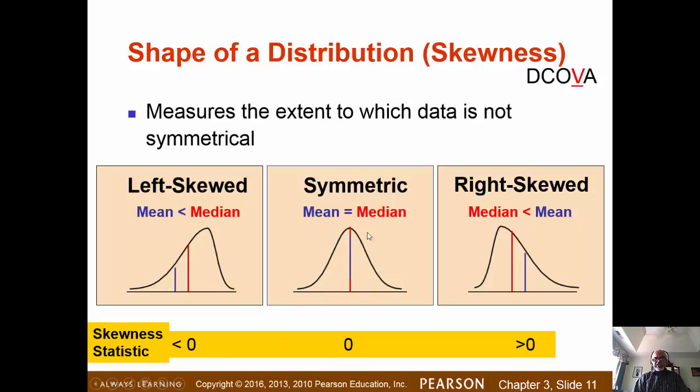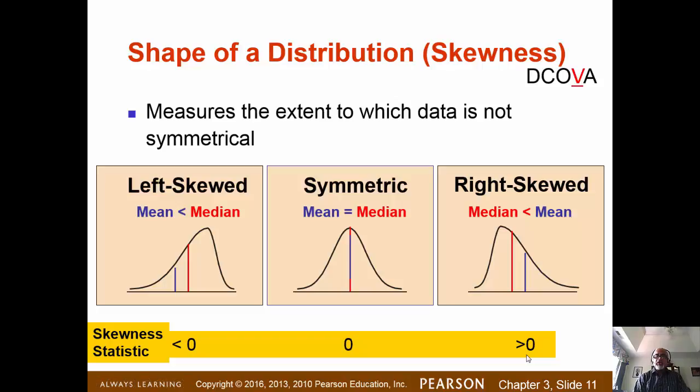If you have a perfectly symmetric distribution where mean is equal to median, then the skewness statistic will be 0. Now if there is a right-side skew, tail, then the mean gets pulled towards the tail, so the mean is greater than the median, and the skewness statistic will be greater than 0.